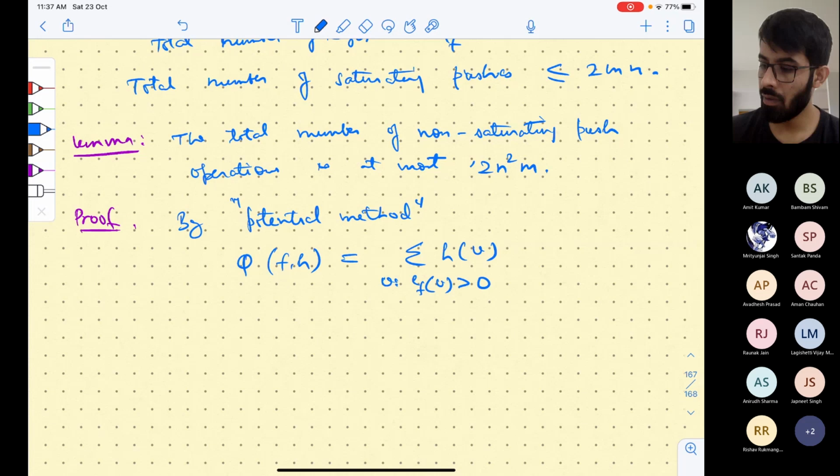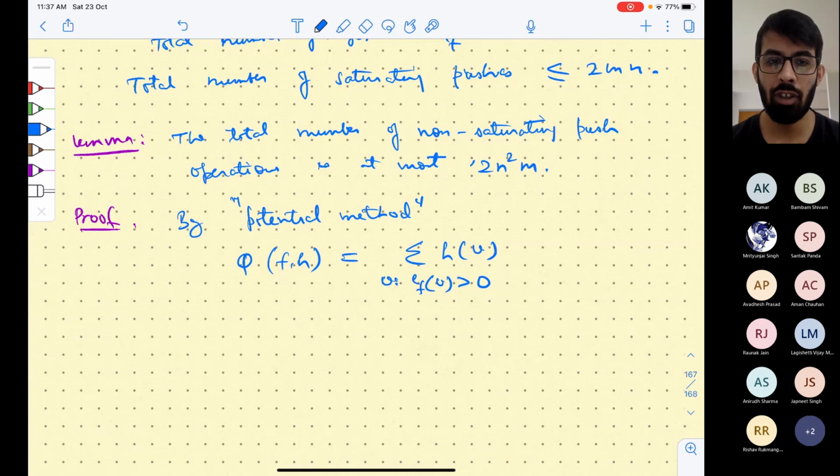So this is going to be our potential. And now the idea is that whenever we do a non-saturating push, some v will be taken out of this. But then also height increases and so on. So we also have to take into account how this potential function changes according to other operations.